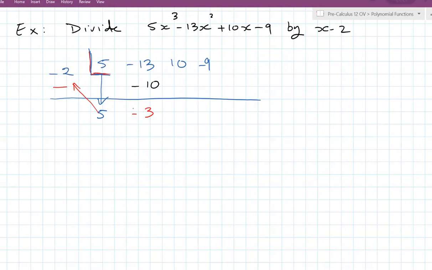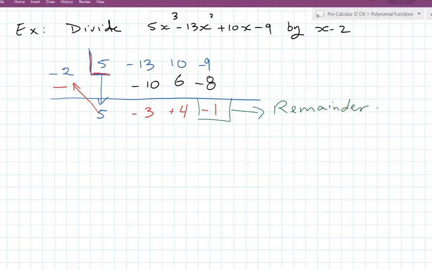And then we do multiplication again, minus 3 times minus 2 is positive 6. Subtracting, 10 minus 6 is positive 4. Very good. And then positive 4 times minus 2 is negative 8. And then we are subtracting, negative 9 minus negative 8 is negative 1. Remember, the last value that you get, that's your remainder.